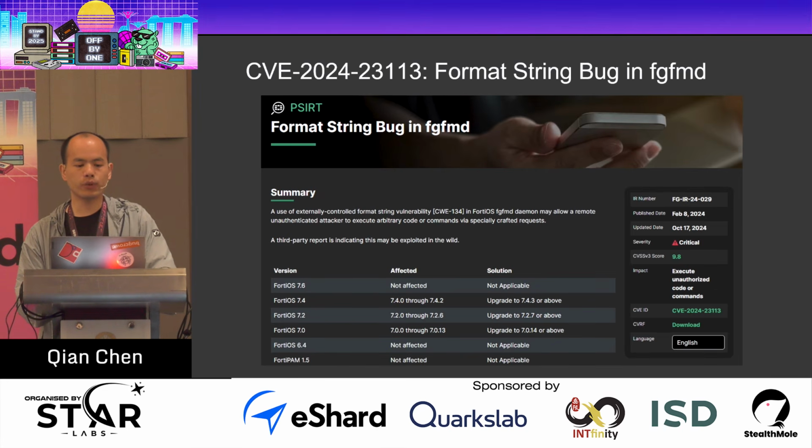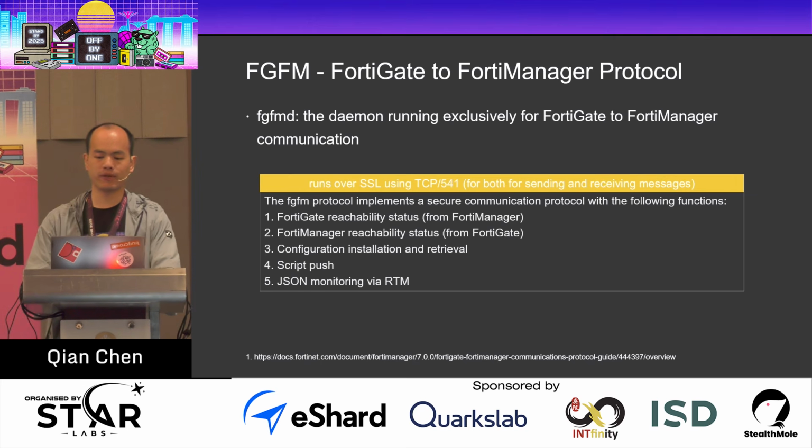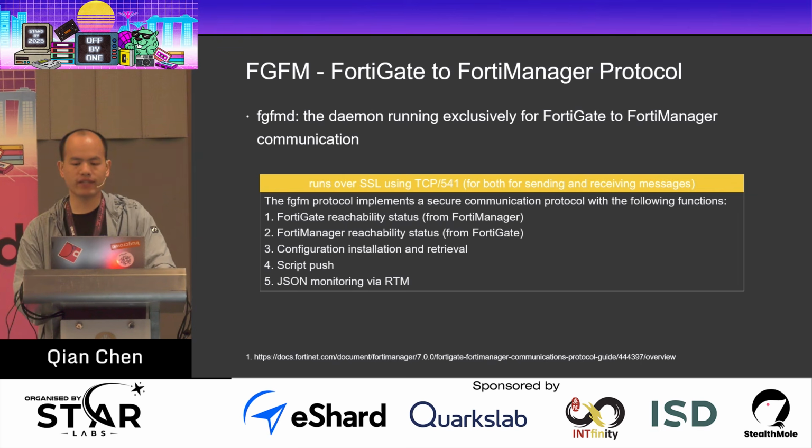Let's start with CVE-2024-23113. According to the Fortinet security advisory, this vulnerability allowed a remote unauthenticated attacker to execute arbitrary code on affected devices. Before diving into the vulnerability in detail, let's understand the role of FGFMD in FortiGate devices.